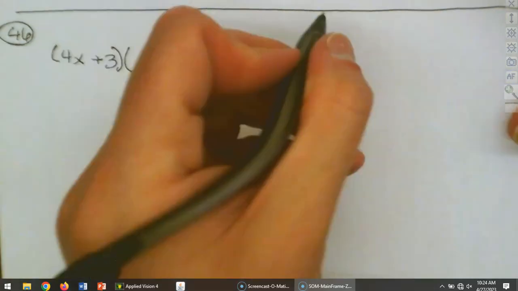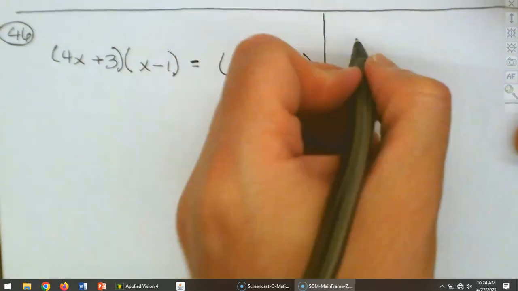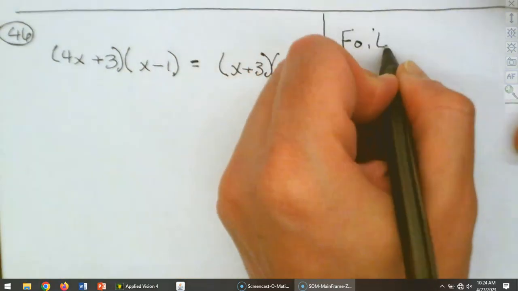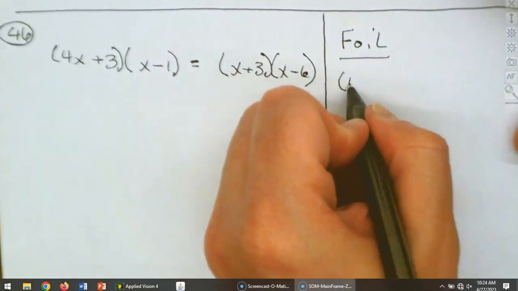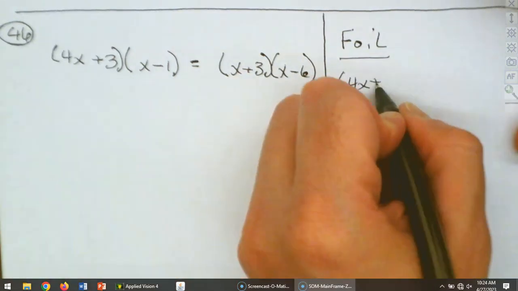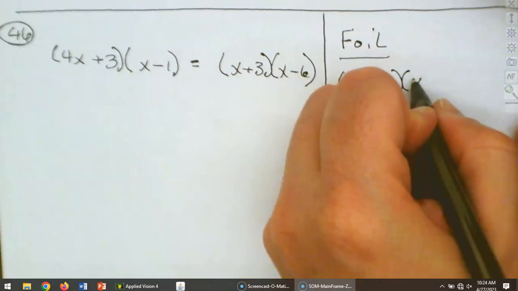Well, we can't have parentheses for the quadratic formula, so we're going to begin by FOIL. So 4x plus 3, x minus 1.